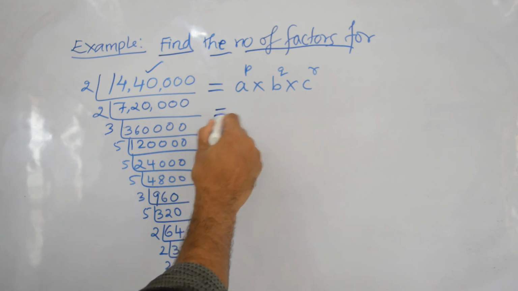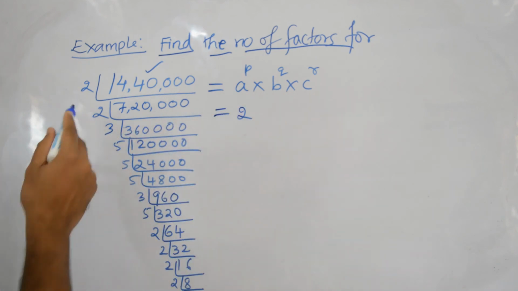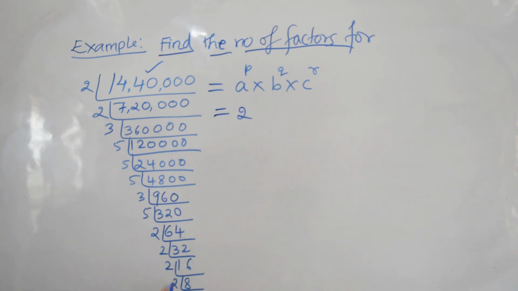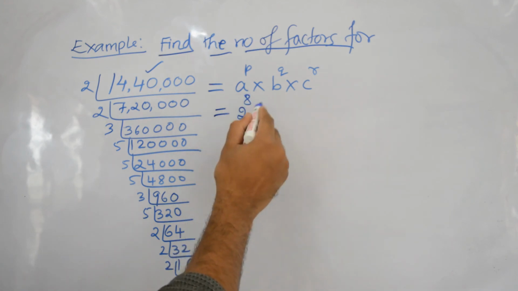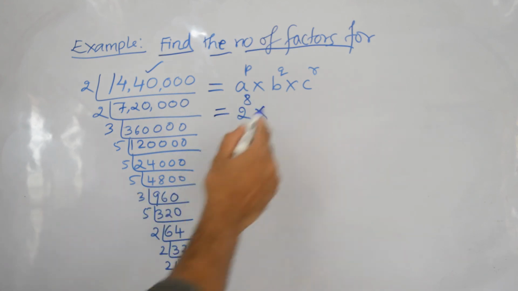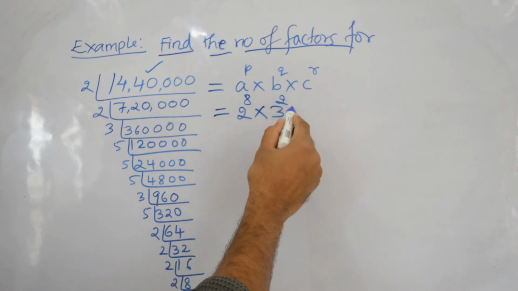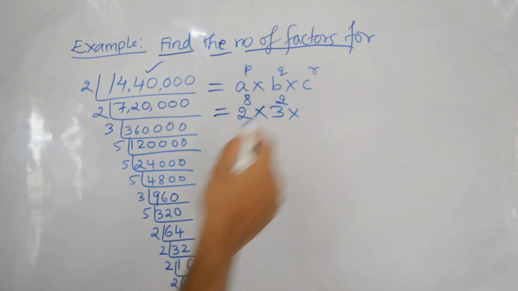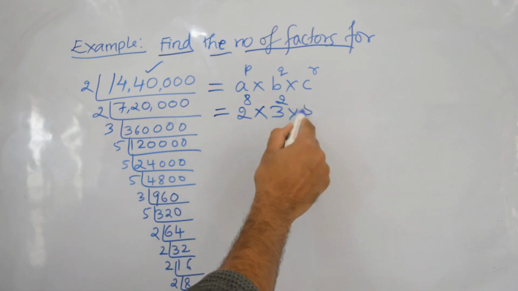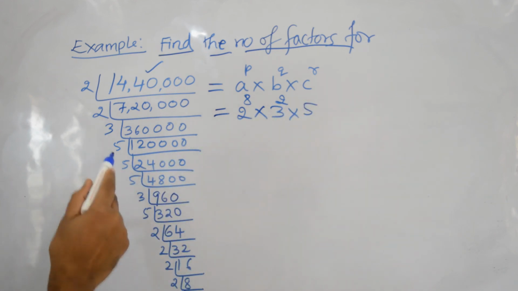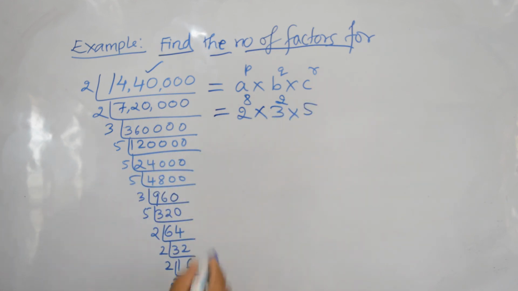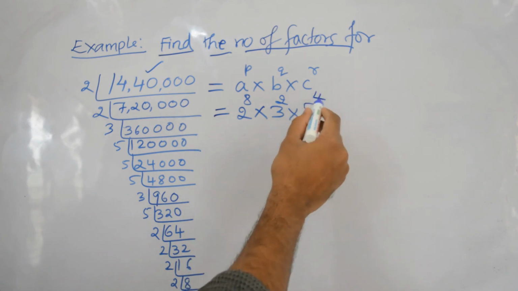We express it as 2 to the power 8, counting 1 to 8, into 3 to the power 2, since only 2 are there, and 5 to the power 4, since 4 are there.